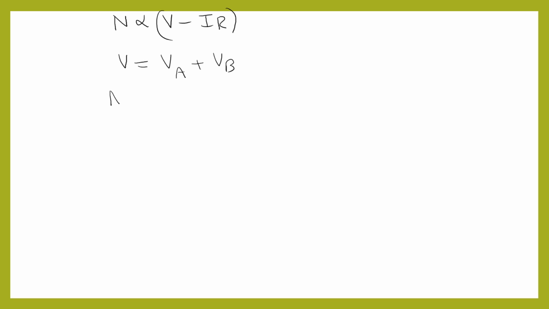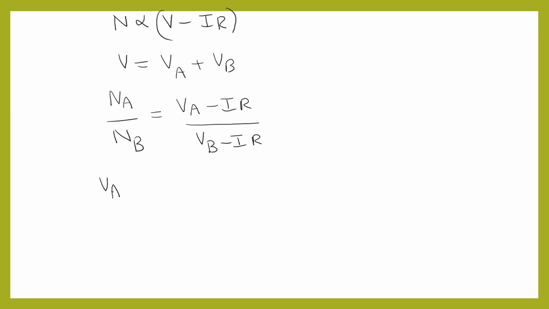So we can get the ratio of speed for the two motors, NA by NB, as VA minus IR by VB minus IR.